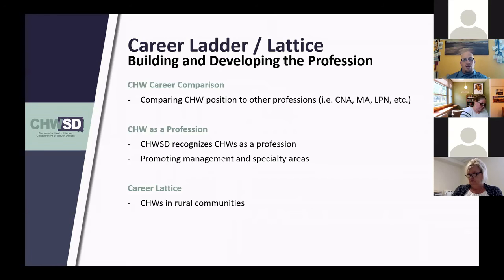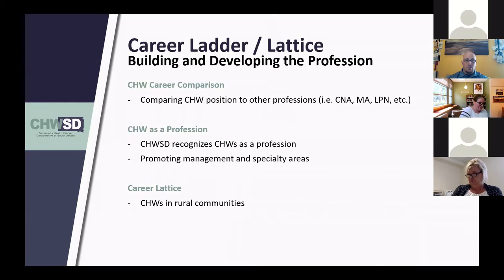And then we also want to look at helping community health workers expand their knowledge base into specialty areas. So maybe it's helping a community health worker take additional courses on diabetes as the community health worker is transitioning from a primary care clinic to working in a diabetes self-management education program. Or maybe it's helping a community health worker to attend a national asthma convention as they specifically work in a pulmonology clinic with patients with asthma.